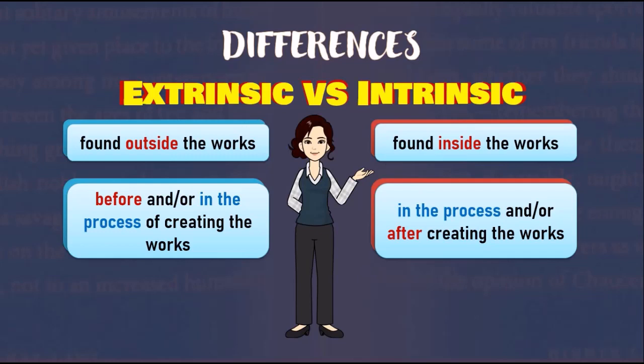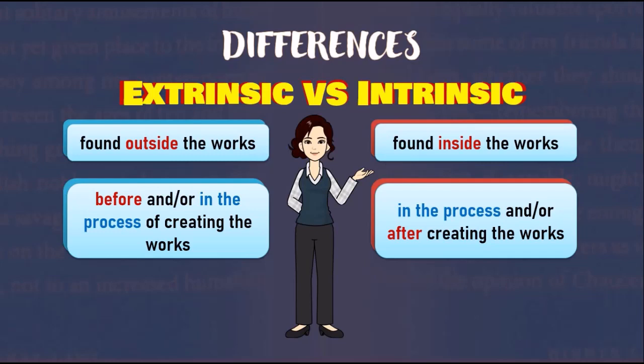So he or she must conduct some kind of research or survey, or make some kind of reflection to him or herself to get the background ideas or imaginations in creating the works. While in the process, these extrinsic elements will still influence the writers to adjust the writing to whatever comes up in his or her mind based on his or her experience.